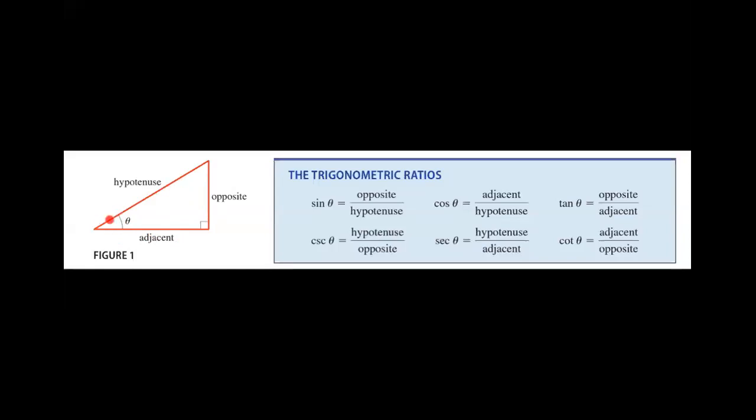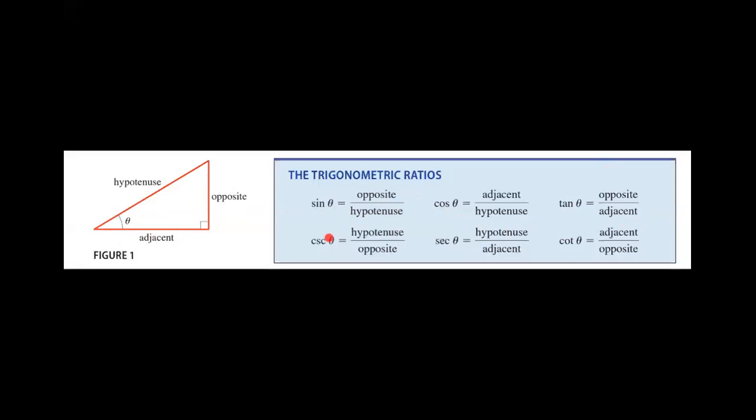hypotenuse is this side. First, we define sine theta as the opposite over hypotenuse, cosine theta as the adjacent over the hypotenuse, and tan as the opposite over the adjacent.